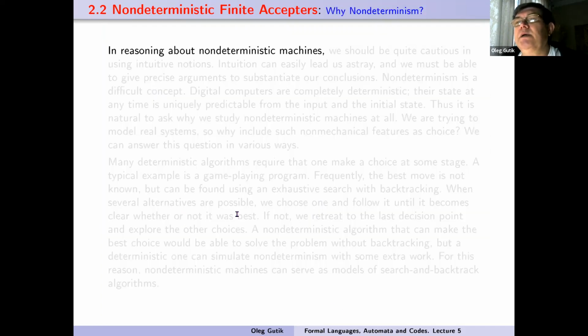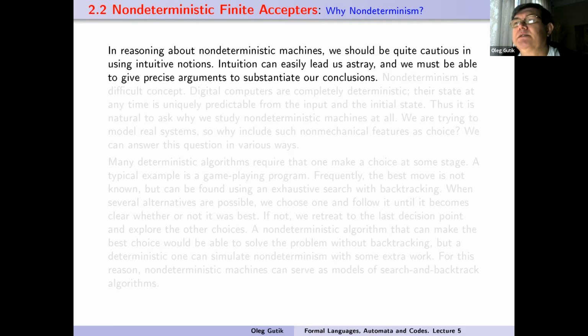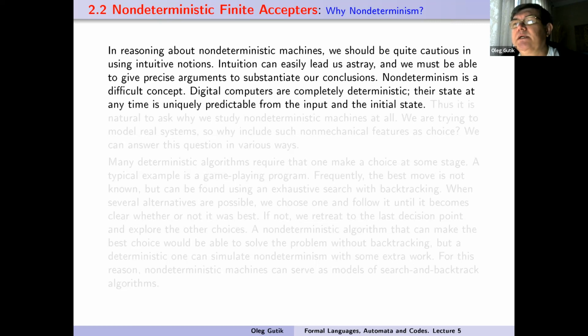In reasoning about non-deterministic machines, we should be quite cautious in using intuitive notions. Intuition can easily lead us astray, and we must be able to give precise arguments to substantiate our conclusions. Non-determinism is a difficult concept. Digital computers are completely deterministic.